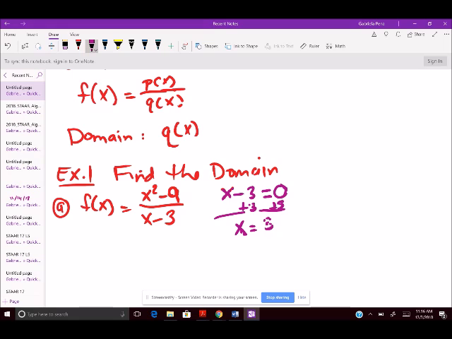A positive 3. So when they ask you, what is the domain of this graph? When they ask you what is the domain of this graph, it is going to look like this. It is all real numbers, x not equal to 3.